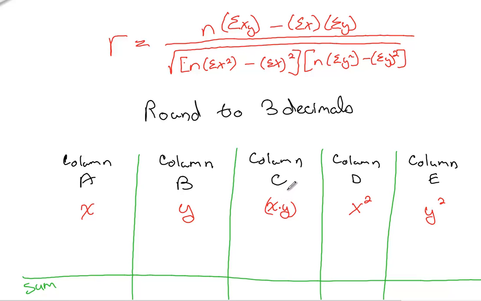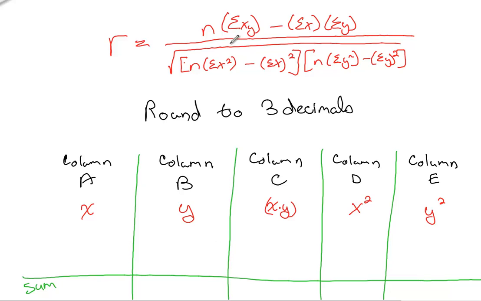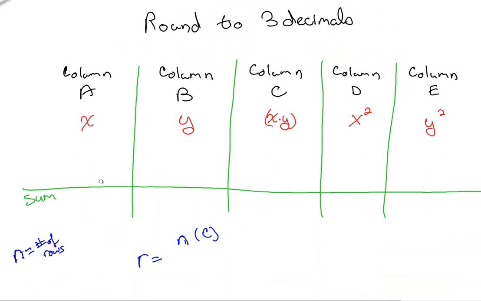Well, x times y is in column C. So we're going to say n times column C minus the sum of your x's times the sum of your y's. Well, that's columns A and B. So minus column A times column B. And remember, whenever I put these in here, I'm talking about the sum of these values. Okay?